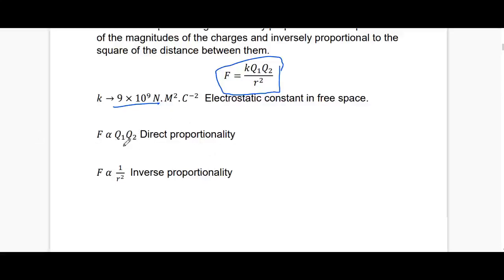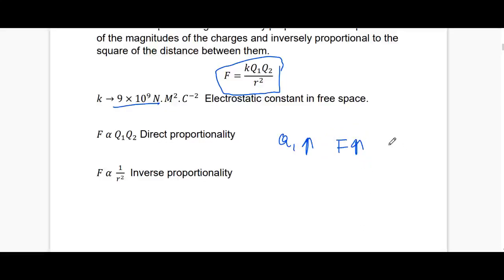So here is the relationship of direct proportionality. The electrostatic force is directly proportional to the product of the two charges. What does this mean? It means that if one of the charges increases, let's say the magnitude of Q1 increases, F will also increase.